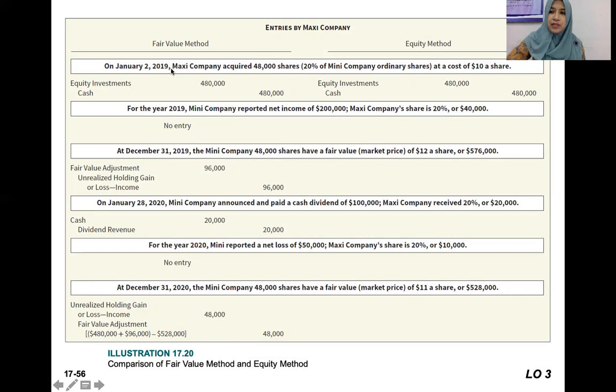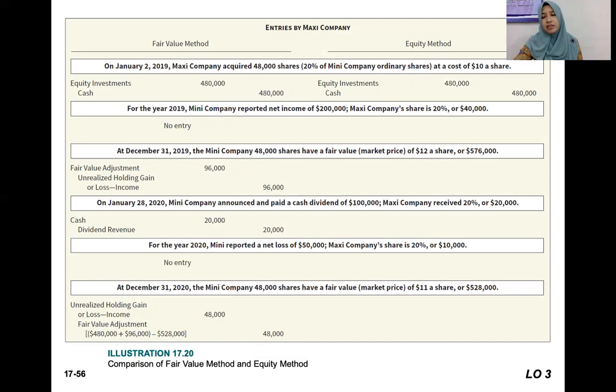Under the fair value method, for ownership interest of less than 20%, as in the beginning classification of equity investment, any net income or losses from the investee will not have any effect on the investor. So under the fair value method, there is no entry.